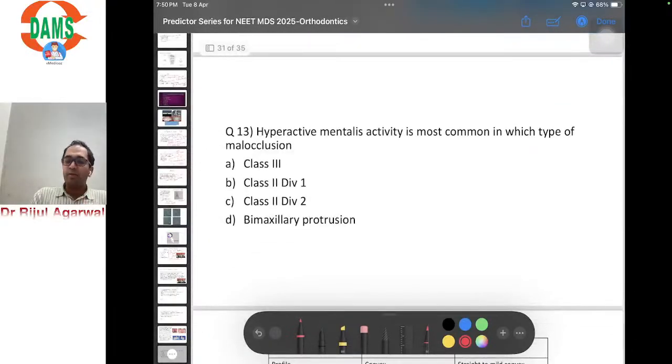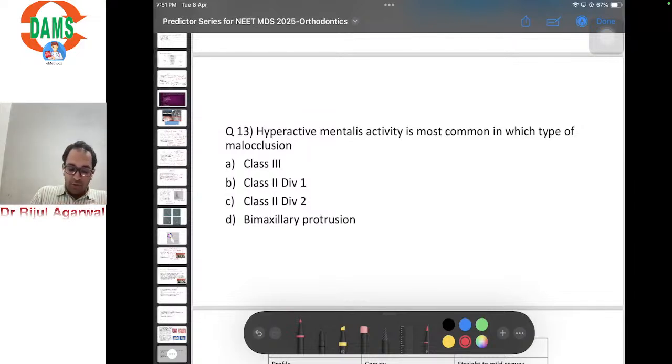Next, hyperactive mentalis activity, again a common type of question which students have asked me repeatedly, div 1 or div 2. Hyperactive mentalis activity occurs in a scenario where, due to proclined incisors, there is absence of lip closure or mouth closure. So the patient has to forcefully bring or close the lip so that proper lip seal can occur, and it's necessary so as to swallow the food.